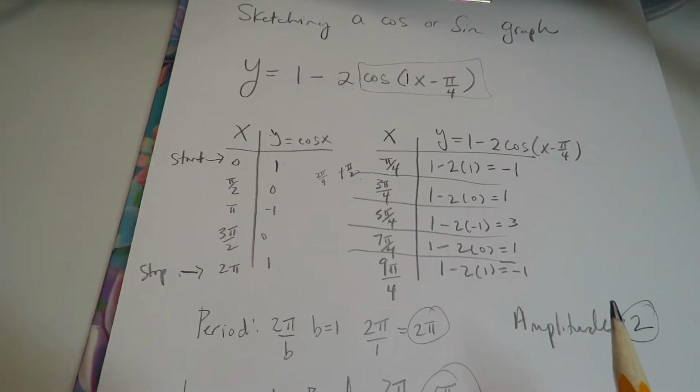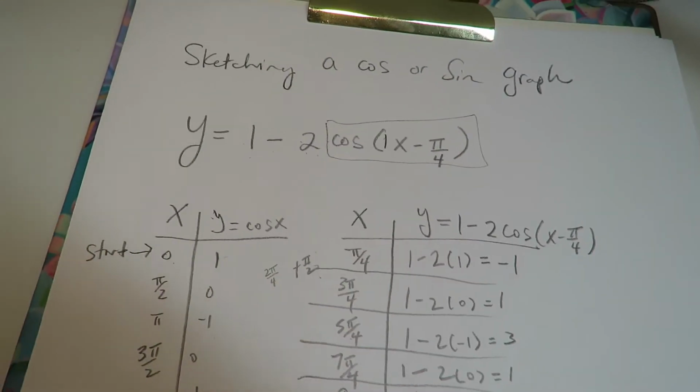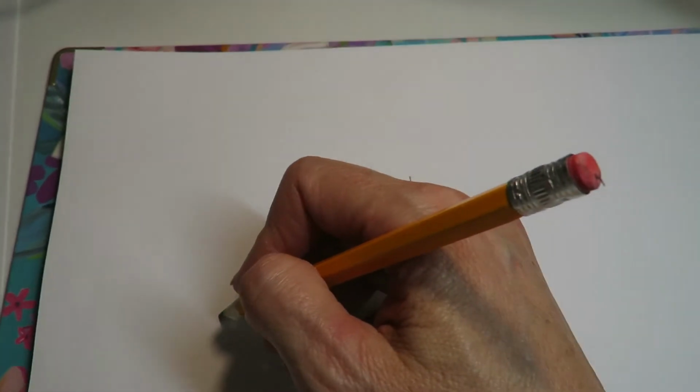Okay, so this is our new table. These are the points we're going to plot to draw our graph. So just give me a second here. And if it goes out of focus, I'll fix it. I know it will do that occasionally.